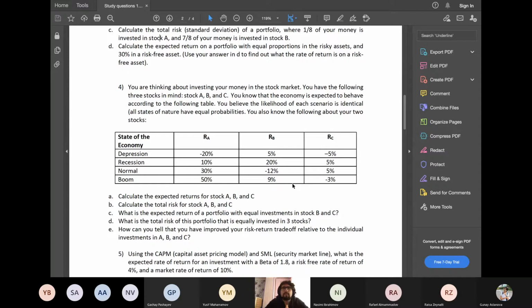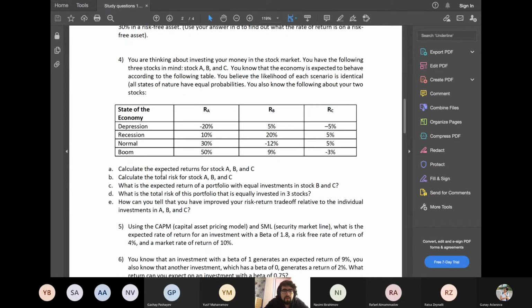You believe the likelihood of each scenario is identical. All states of nature have equal probabilities. You also know about your stocks. Calculate the expected returns for stock A, B, C.